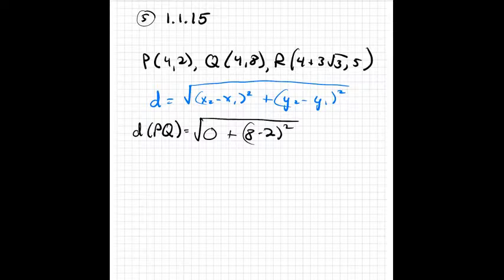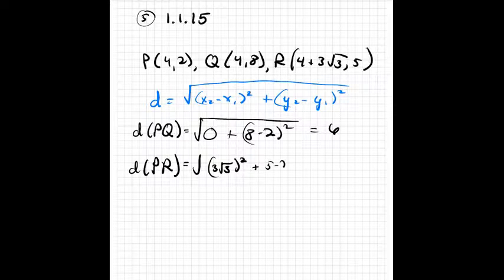Okay, let's find the distance between, I'm going to do PR. Okay. So if we say x2 minus x1, that minus that, we get 3 root 3 squared plus 5 minus 2 squared.